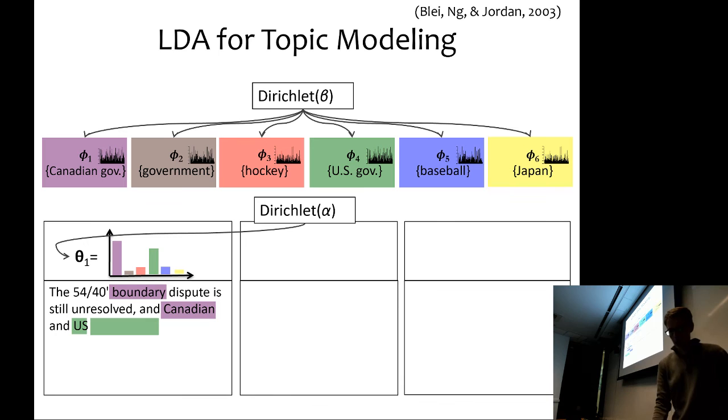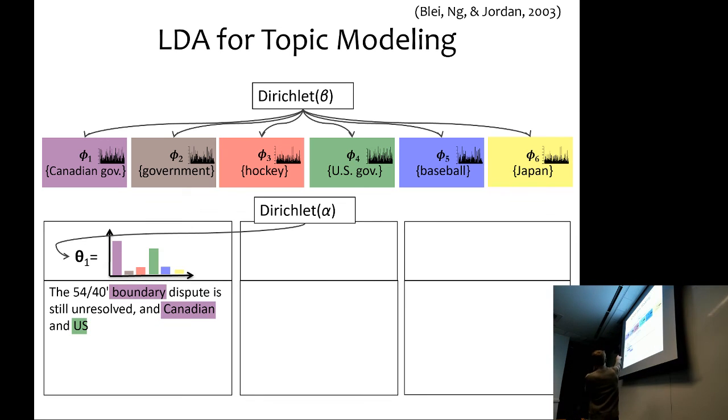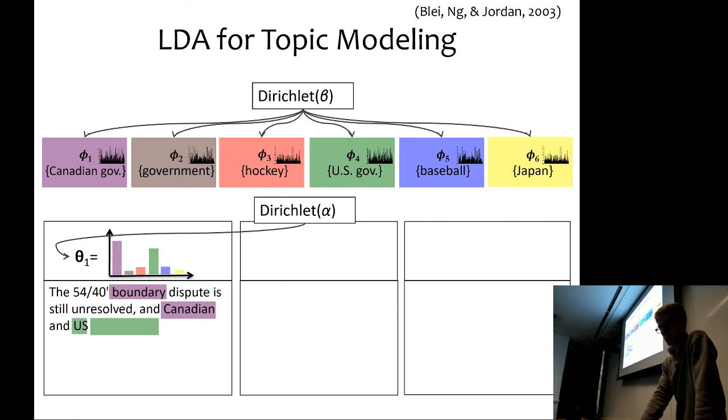Okay, so now I want to sample the next word. So think about that generative story. First, I sample a topic assignment for the word. I have a 6-sided die with weights according to theta 1, and I roll it, and it comes up green. So that means that the next word is going to come from the US government distribution over words.